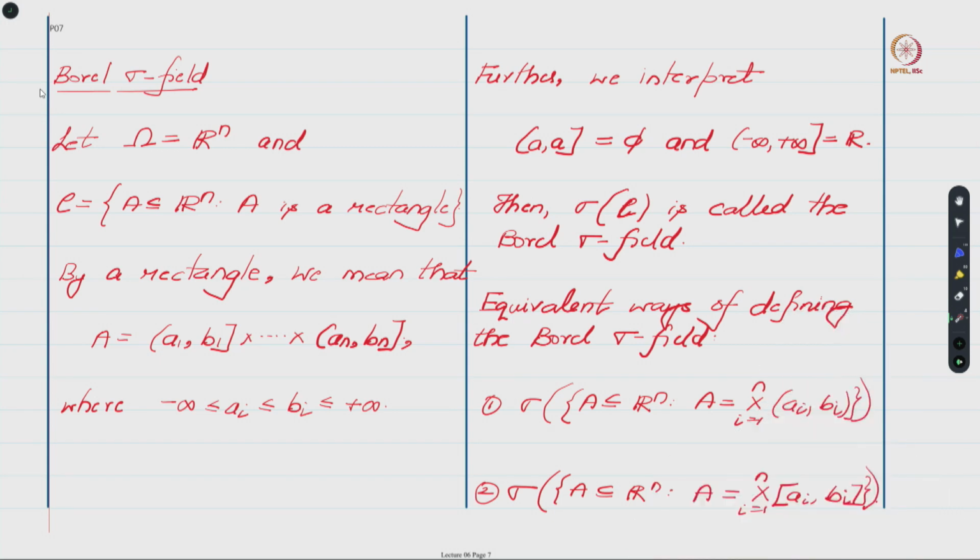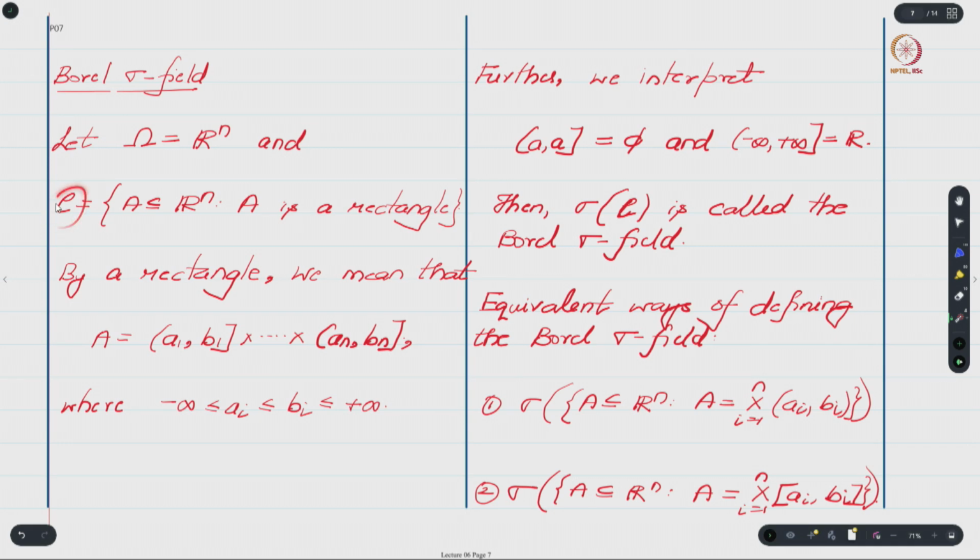The Borel sigma field arises in the context when the sample space omega is a Euclidean space. Let us say the sample space omega is R^n, and you start with a collection C defined in the following way.